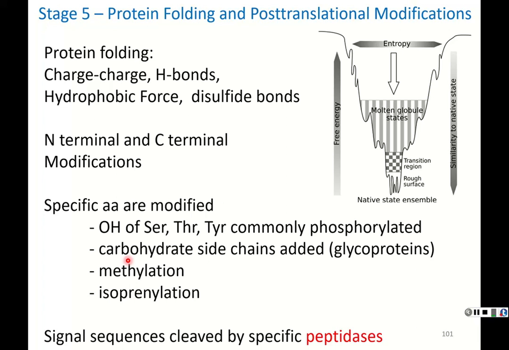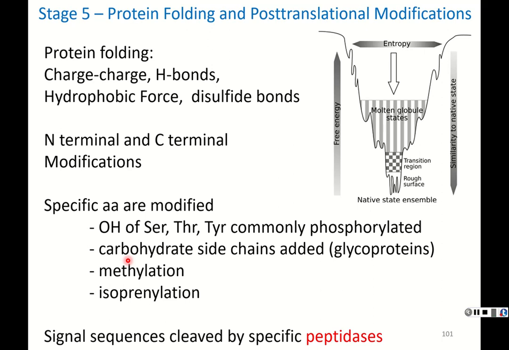So the final stage, which doesn't really have anything to do with translation, is what occurs after the protein is translated. Stage 5 would be protein folding and post-translational modifications. We'll go kind of quickly through these. We're not going to focus a whole lot on these in this class, but they are important, especially in eukaryotic cells.